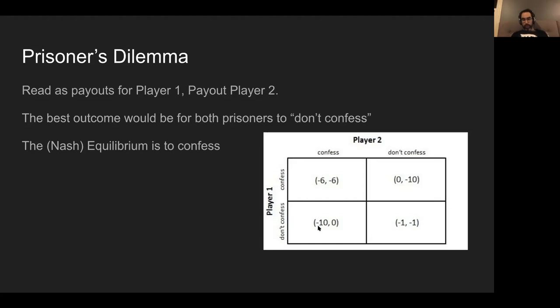Confessing gives you a better payout here, and it gives you a better payout here. So both prisoner 1 and prisoner 2 have a dominant strategy. They're always going to get the optimal payout by confessing if they don't know what the other player does.